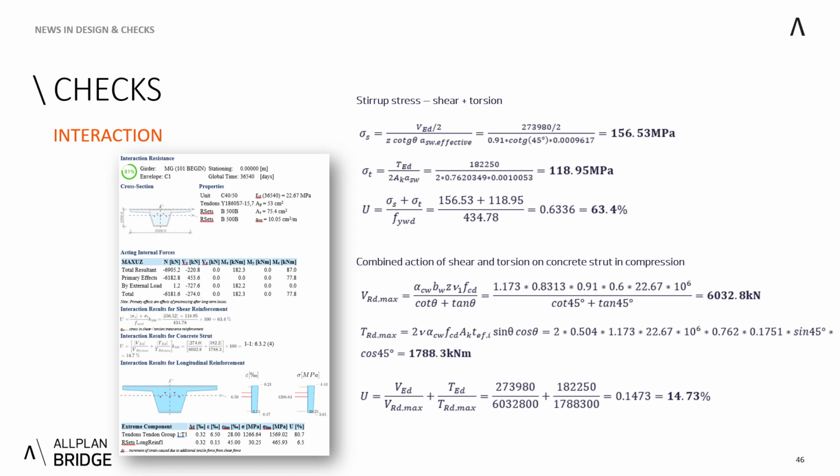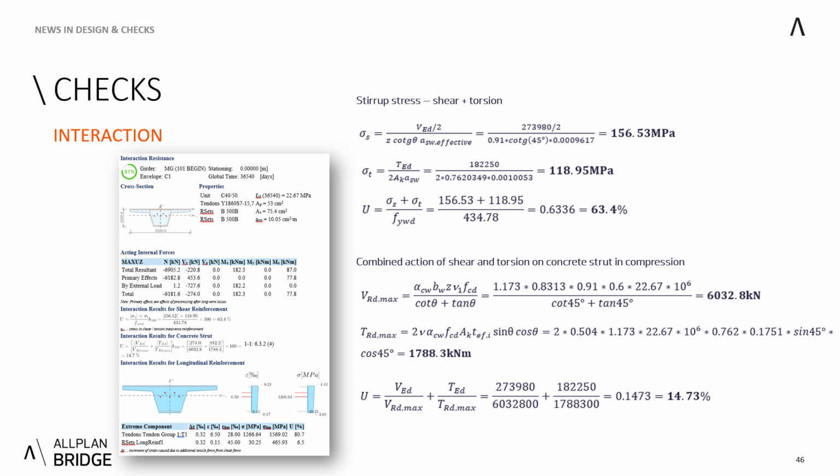As I have explained, you have two branches effective for the shear force. Therefore, I need to divide this VED by 2. And we use theta angle 45 degrees, and we use ASW effective, which results into the shear stress of 156.5 megapascals.